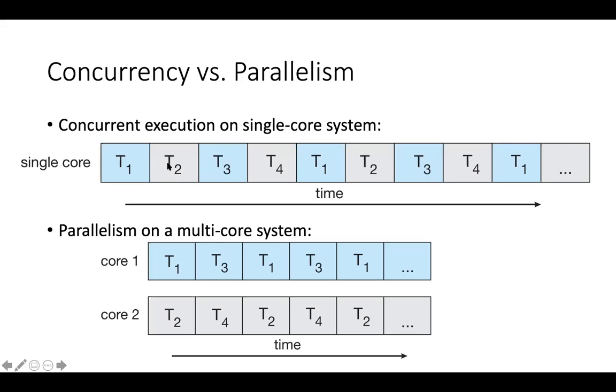Then for parallelism on a multi-core, for instance, here we have 2 cores, okay, 2 execution units. It could be one processor with 2 cores, so 2 execution units. It can divide the different tasks among the different cores. So if you're able to see the diagram, we have task 1 and task 3 running on core 1, and then task 2 and task 4 running on core 2.